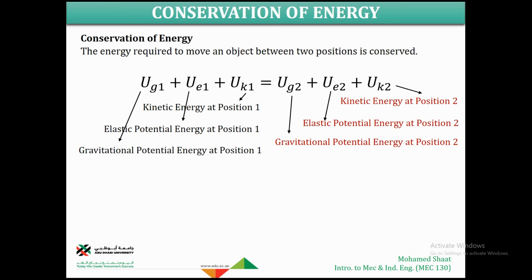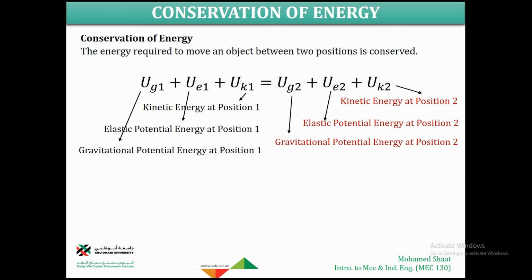As we mentioned, the energy is conserved, but it can be converted from one form to another form. Like probably you can have a potential energy that is going to be converted to a kinetic energy, or kinetic energy that is going to be converted into a potential energy or elastic energy. It means that the energy can be converted from one form to the other form, but it should be preserved.